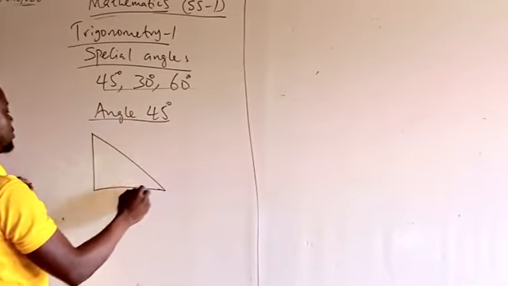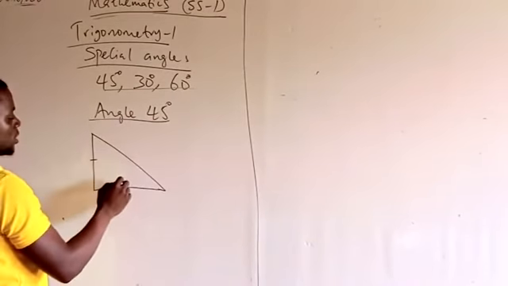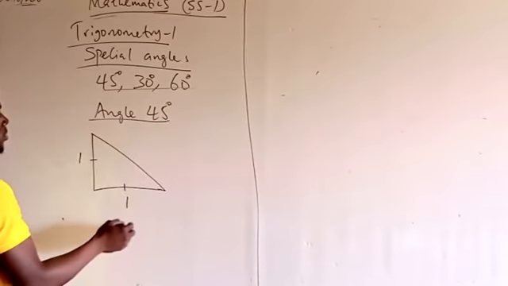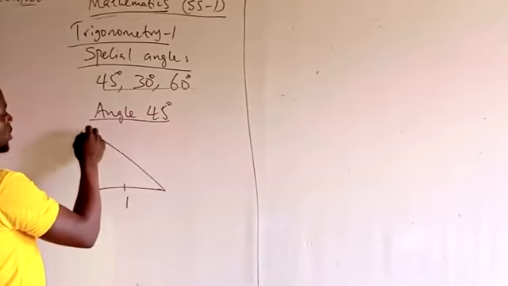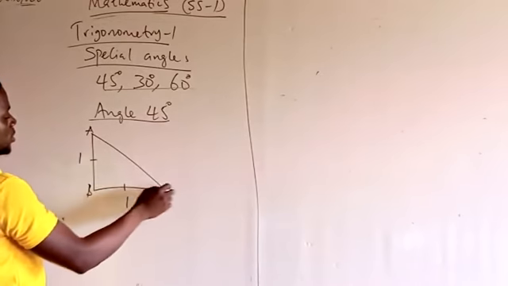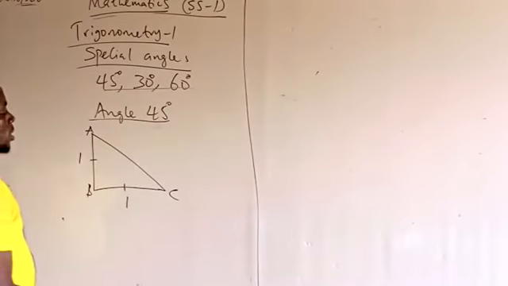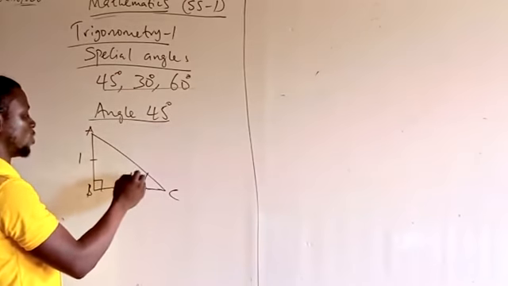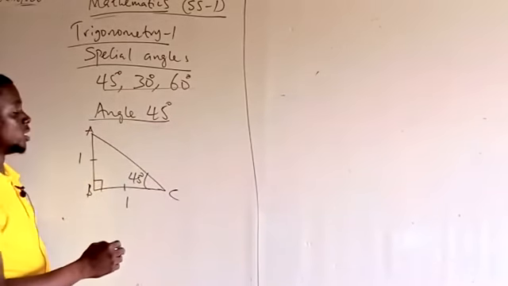These two sides are equal. We assign 1 and 1 to them, and let's call this A, B, C. Then if this is 90, for 45 degree, put 45 degree inside the triangle.